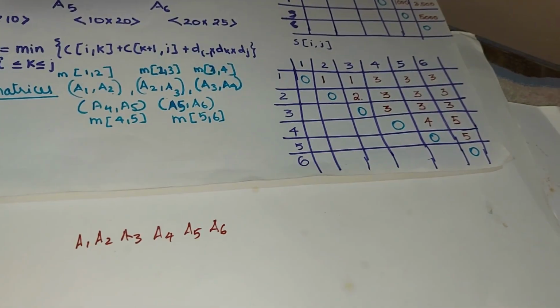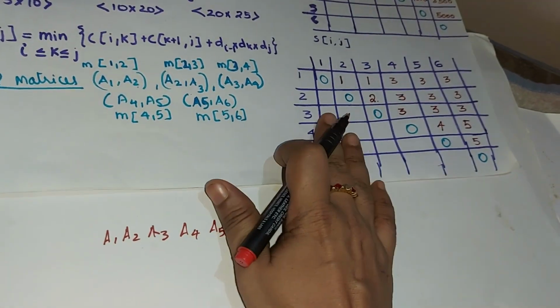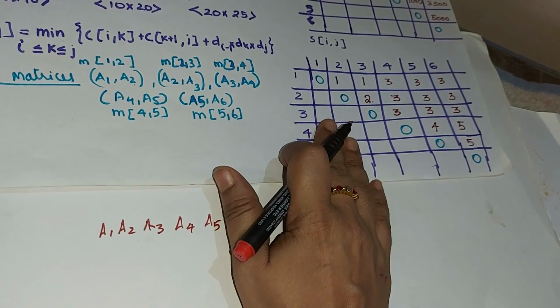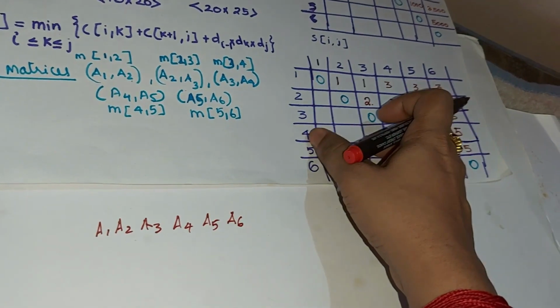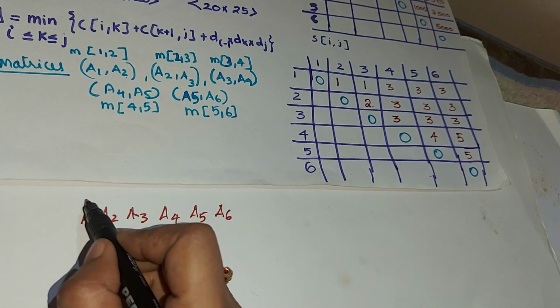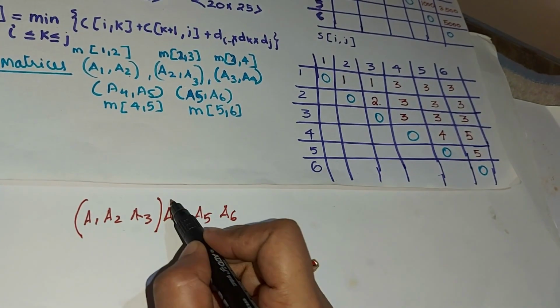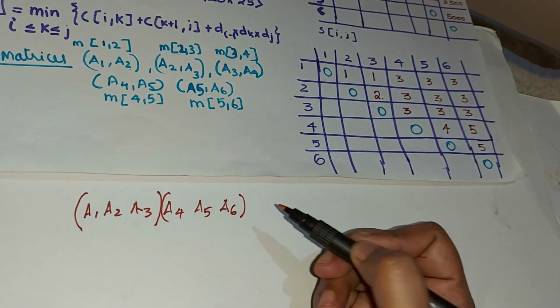So here first you have to write A1 till A6 together, then take the solution matrix and check 1 to 6 where the split has occurred at the third one. So we'll have to do splitting from here, then this 3 together.